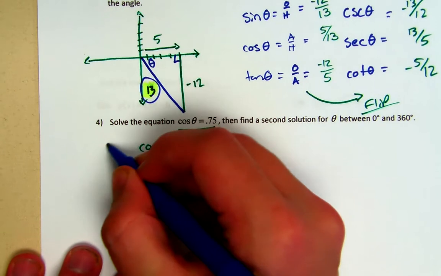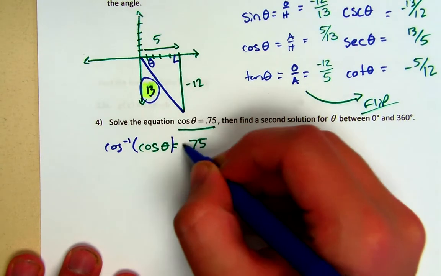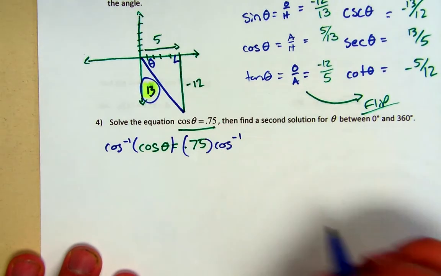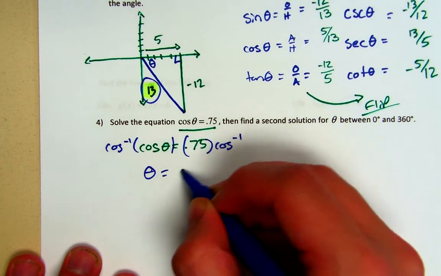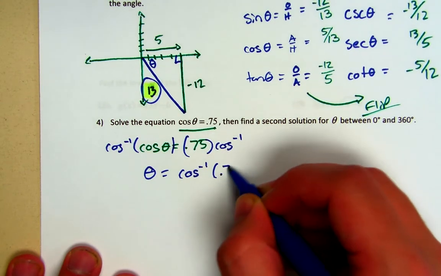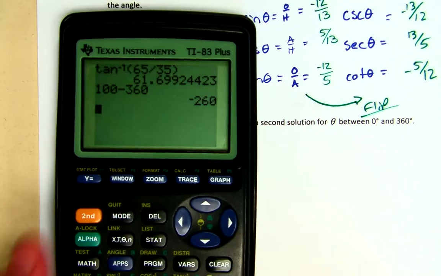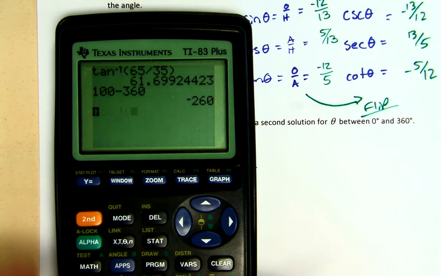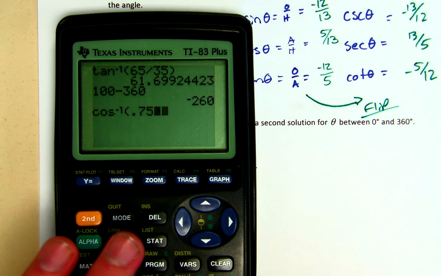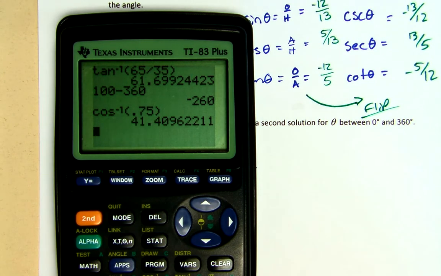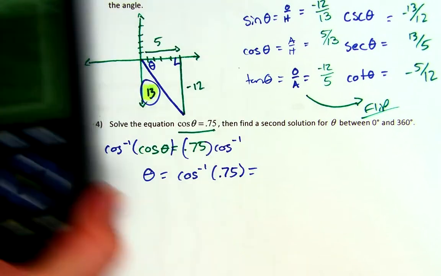So cosine inverse. We have theta equal to cosine inverse 0.75. So in our calculator, we're going to do second cosine, and 0.75. Again, we get kind of a decimal, so 41.4.